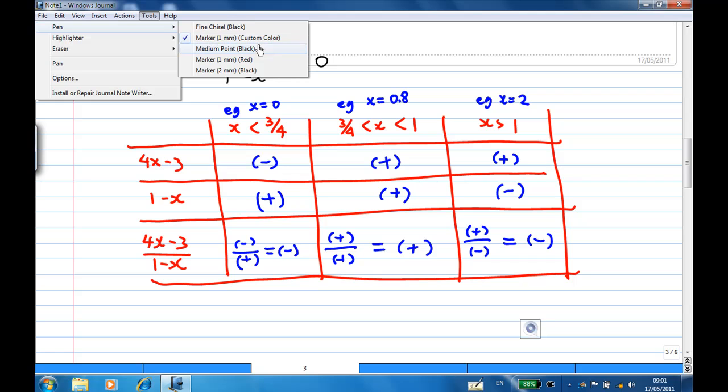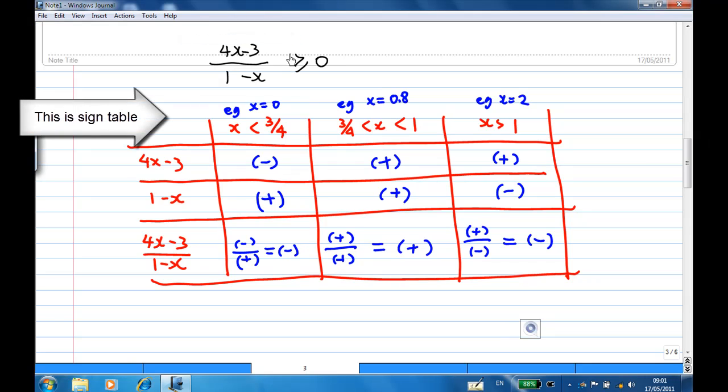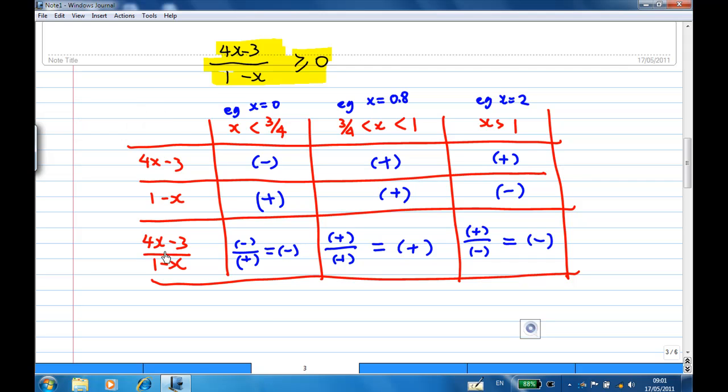Our problem is to solve the inequality where 4x minus 3 over 1 minus x is greater than or equal to 0. From our calculation, this is positive, and the rest are negative. It means the answer is somewhere here, x between 3/4 and 1.